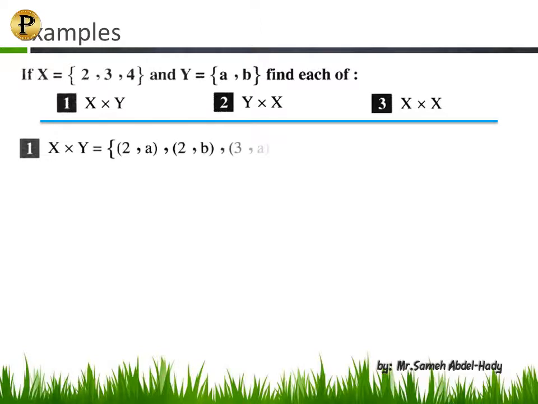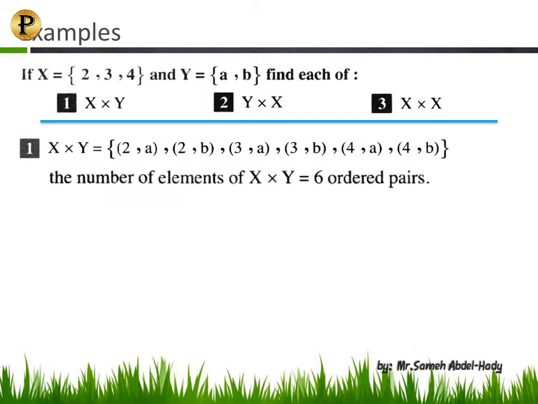So I have to write (2, a), (2, b), (3, a), (3, b), (4, a), (4, b). Alright, this set is called the Cartesian product set. And you have to notice the number of elements of x times y equals 6 ordered pairs.